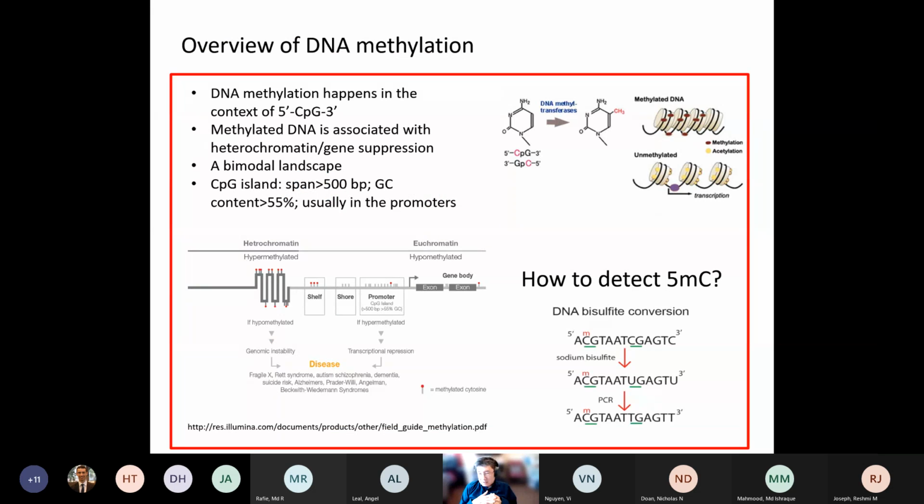So just some more about DNA methylation. DNA methylation always happens in the context of CpG. The P is just to tell you that the C and G are linked by a phosphodiester bond. So it's a sequence. It's not CG base pairing.